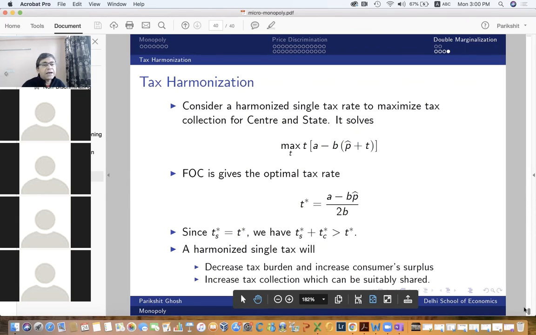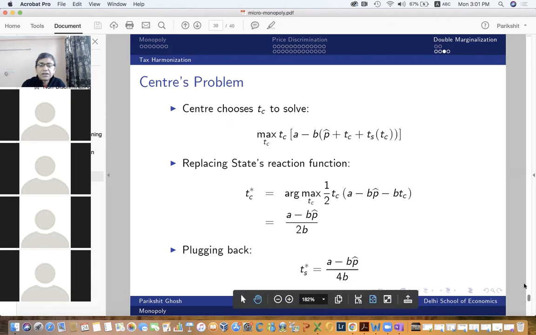Now, what does that imply? What is the implication of that? Consumers and businesses will face lower overall tax rates after this tax harmonization, right? So they'll be better off. The governments will raise more revenues because, after all, after formation of the GST Council, they could have kept the combined tax rate to be this sum, but they didn't.